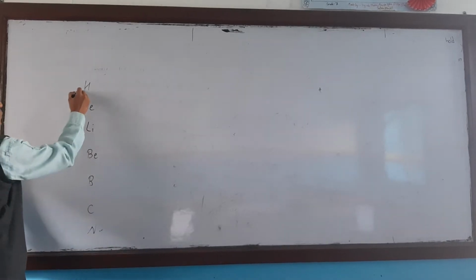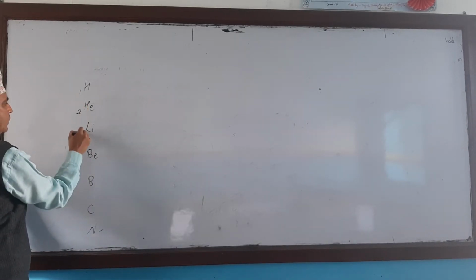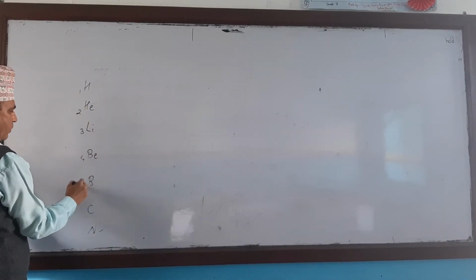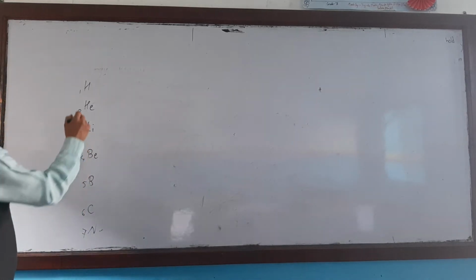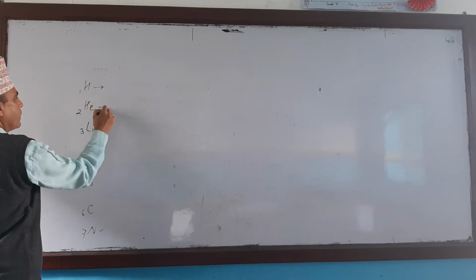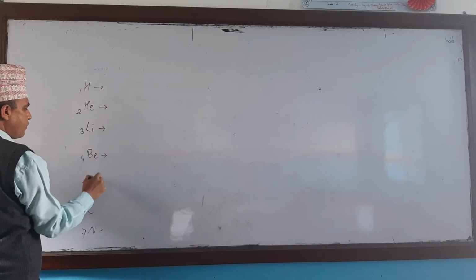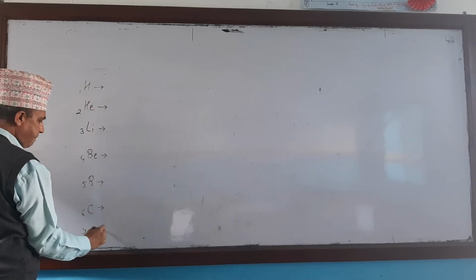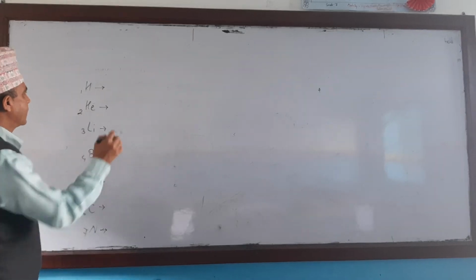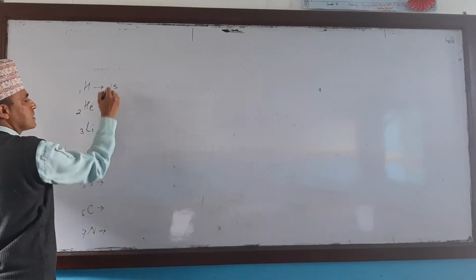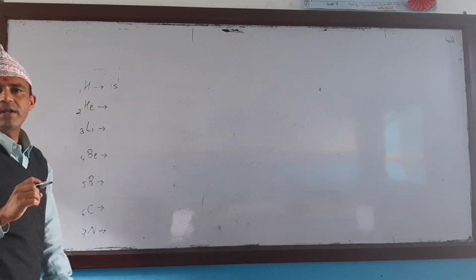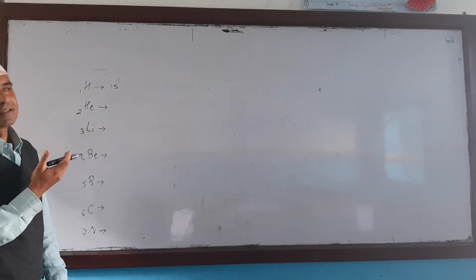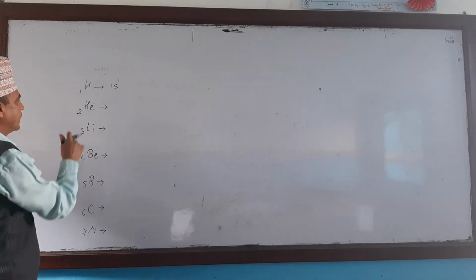Hydrogen's atomic number is 1, then 2, 3, 4, 5, 6, 7. Can you tell me which is the first energy level? The first energy level is 1s, and here is 1 electron. We write 1s1. That is the electronic configuration of hydrogen.